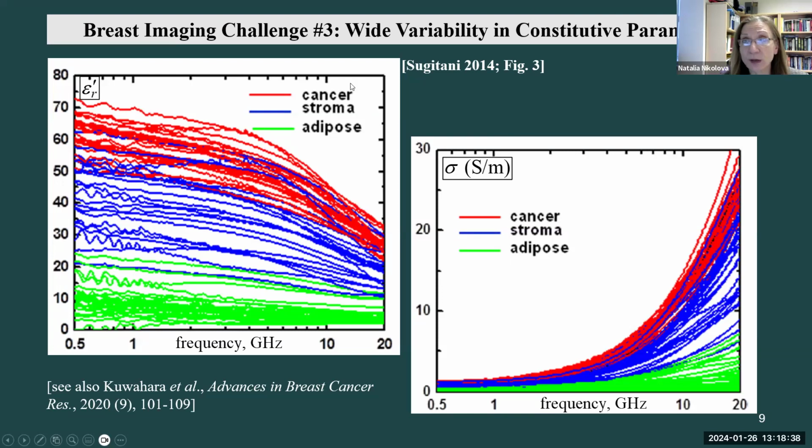However, because of the wide variability, there is also a lot of overlap between the cancer's permittivity values and those of healthy fibroglandular tissue. The same thing repeats with the effective conductivity of the tissue. And so we say that there is a relatively weak but sufficient contrast to perform microwave imaging of the breast.